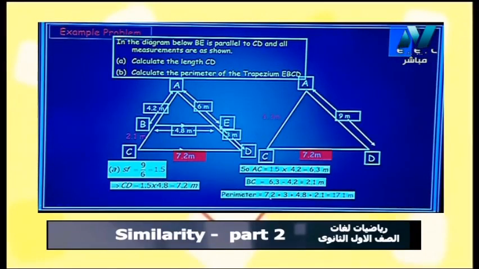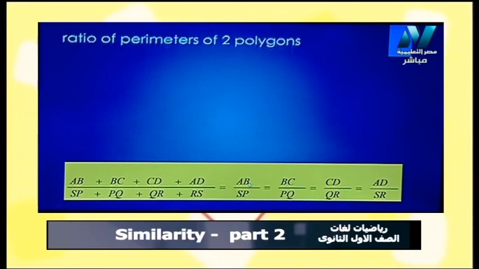So we have 7.2 plus 3 plus 4.8 plus 2.1. The sum equals 17.1 meters. BEDC is the trapezium, and we have to find the sum.